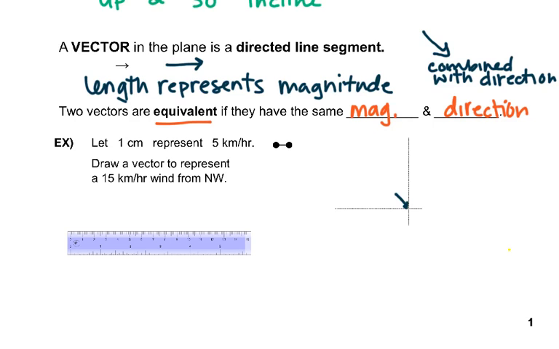So essentially there's 1, 2, 3 straight out of the northwest. So we'll imagine that measures exactly 3 centimeters long, and we would draw that vector, the 3 centimeter long vector that looks like this. And this is how we could represent a wind of 15 kilometers per hour out of the northwest. Okay, so magnitude and direction.